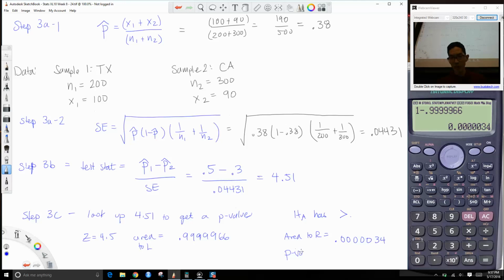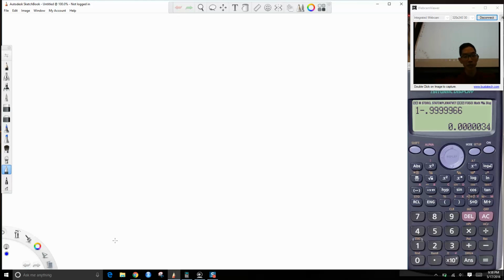Is that okay? Where did we get zeros? I did 1 minus 0.999996, okay? Which was, if I looked up z equal to 4.5 in the table. Okay, so my p-value is very, very small. And so the conclusion is my p-value is less than alpha, okay?